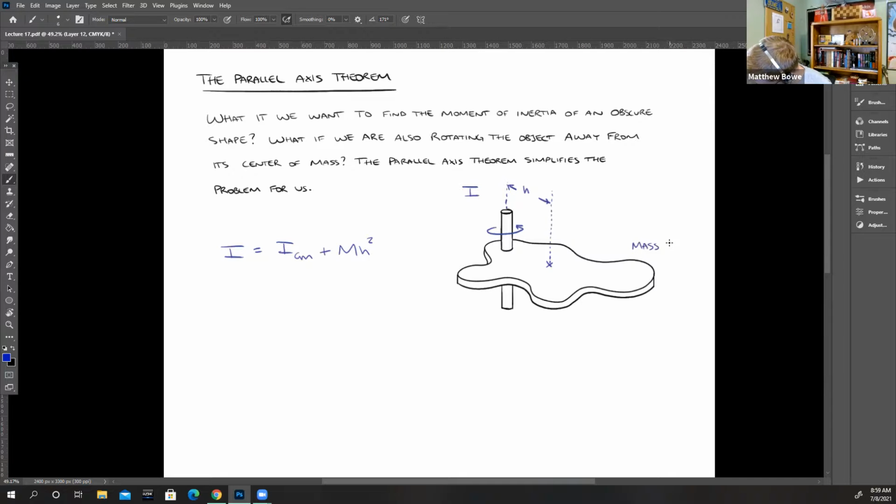This point right here is the center of mass. And I believe that's it for this picture.